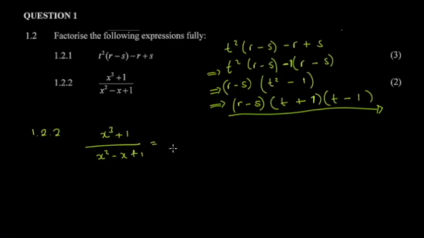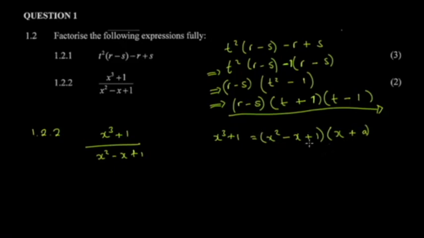So you have to figure out what the other factor is. Put this aside, and then you have x cubed plus 1 equal to x squared minus x plus 1 times the other factor, which you don't know. So you can say x plus a, and then you have to determine the value of a.